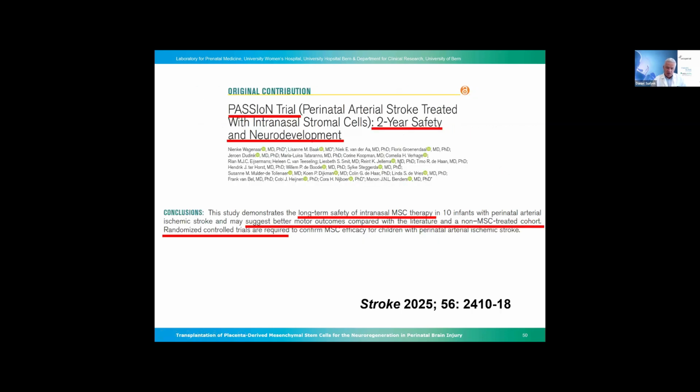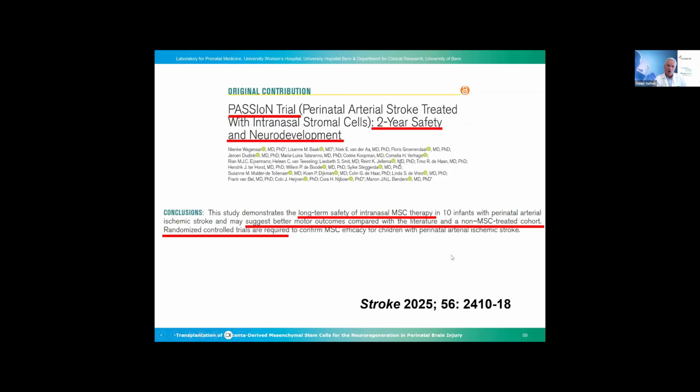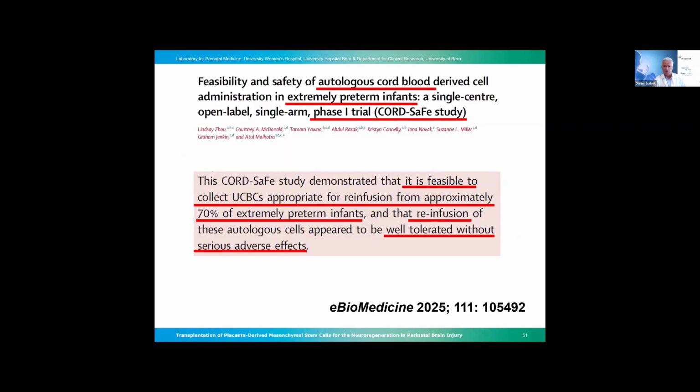And what they found, as depicted here, is that this approach was safe, and they embarked on a larger multicenter trial. They even had the 2 years follow-up in the neurodevelopment. And obviously the outcomes were also very favorable as compared to historic controls.